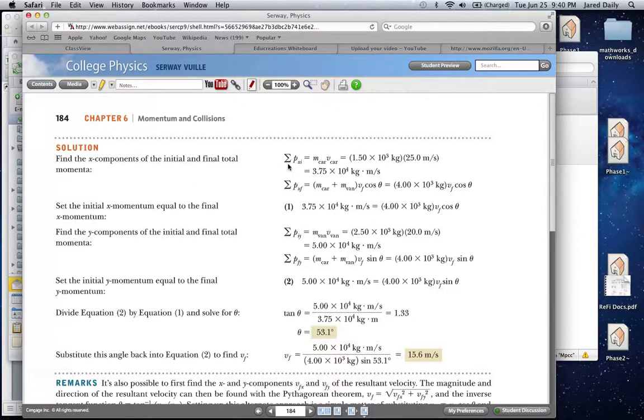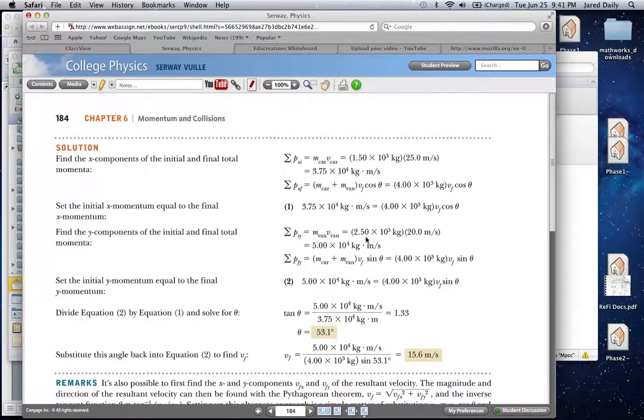So there's our total momentum initially in the x direction and our total momentum finally in the x direction. These two things have to be equal to each other. When you set them equal, you have an equation you can solve for velocity final times the cosine of theta, but you can't solve it for just velocity final because theta is an unknown. So we have two unknowns we've got to figure out. So we just leave it as it is and we move on.